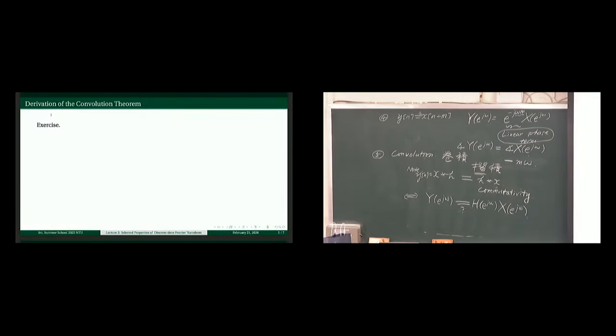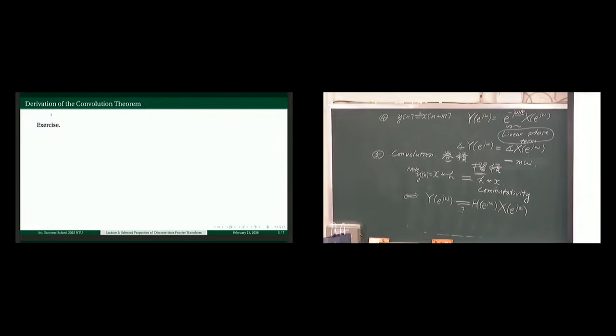By definition, it is the summation over n of y of n, where y of n looks like this inside. And then by definition, the Fourier transform of y of n is an inner product, so we apply e to the minus j omega n. That's according to the definition.